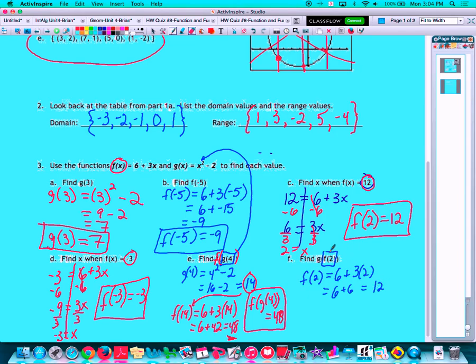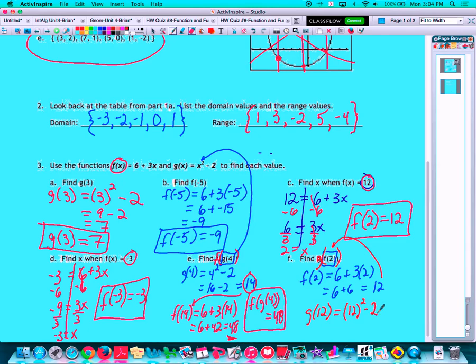But then, just like the last one, since it's a composite function, now we have to look at g of that whole thing here. So now g of 12. So g of 12 means we're going to put in 12 for our x value in the g function.